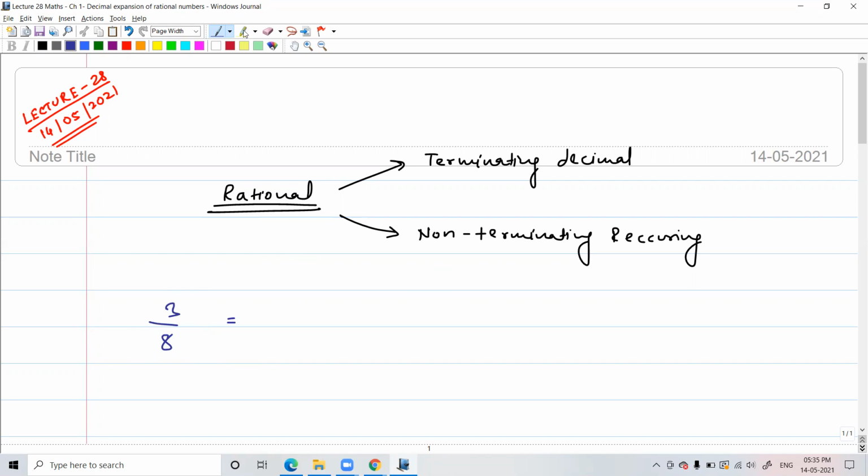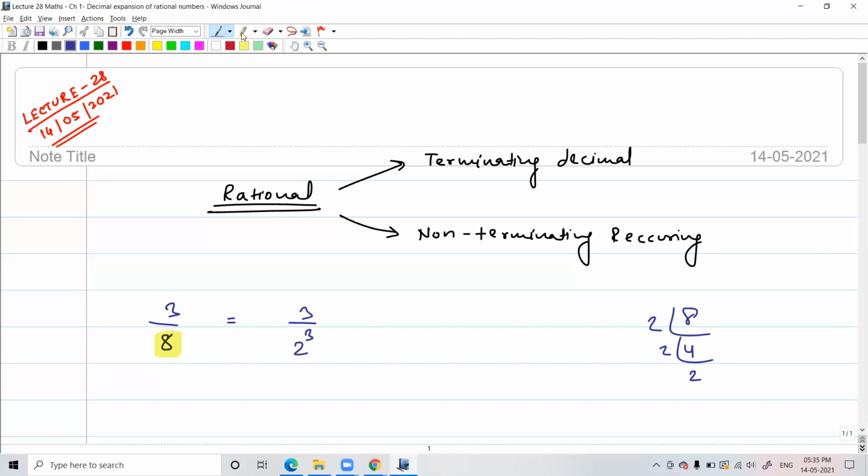Okay, actually, that is not correct. Let's see how. You should look only at the denominator, right? You remember that, all of you? You only have to look at the denominator. So if you look at the denominator, how can you factorize this? You know that it can be written as 2 to the power 3.